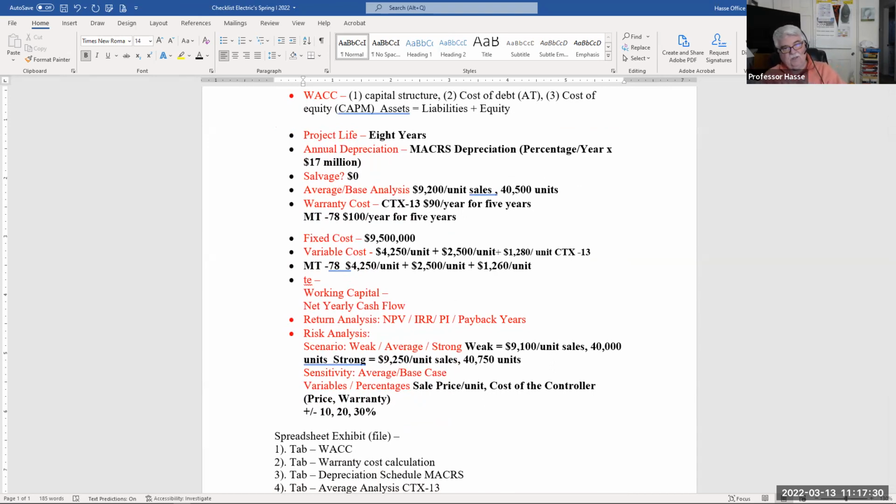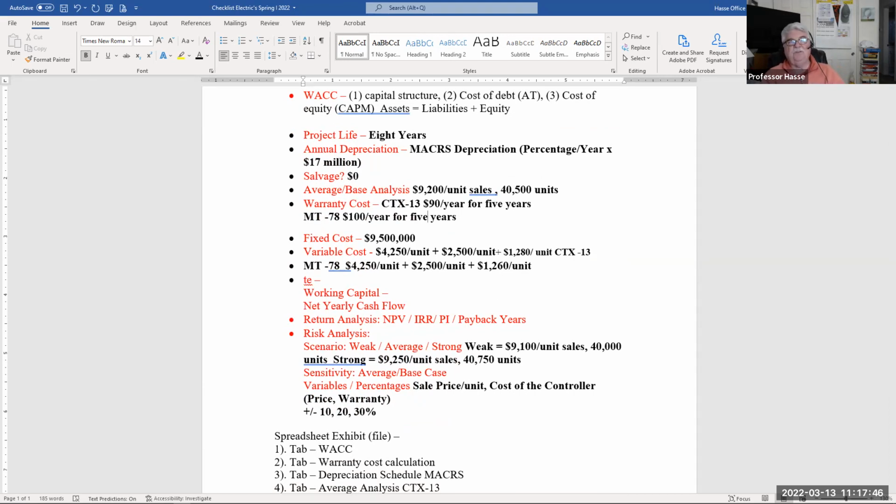You would have variable costs, just like you did in case 3, but then you would have another line, variable cost per warranty. I want to keep those separate because they're two different calculations. The inflation is included in your warranty cost per unit.